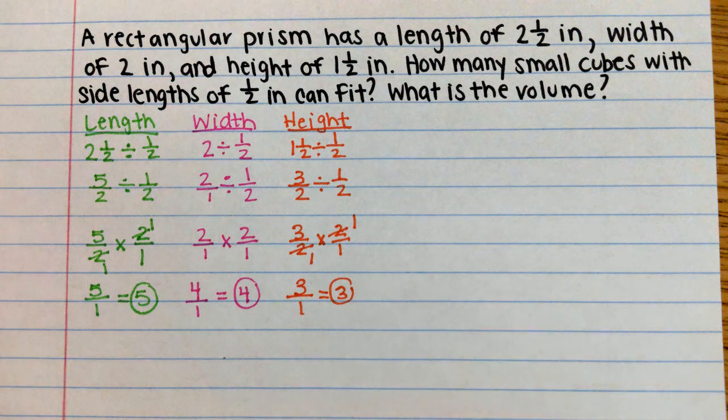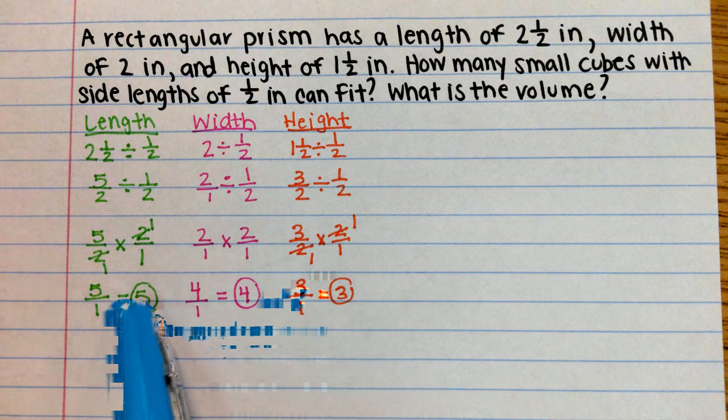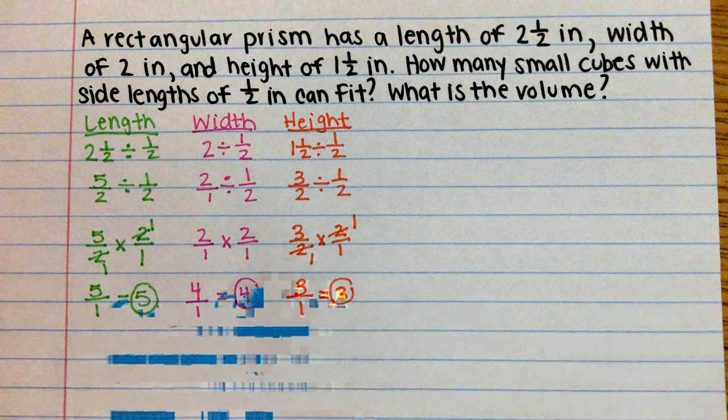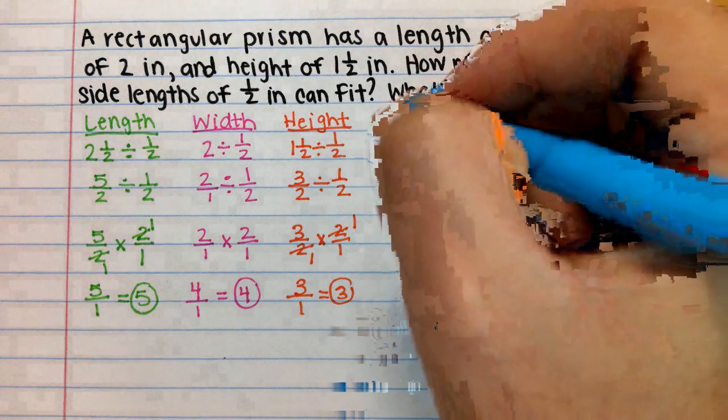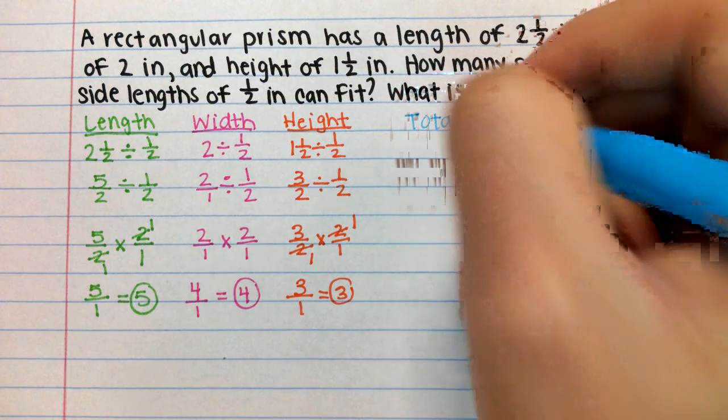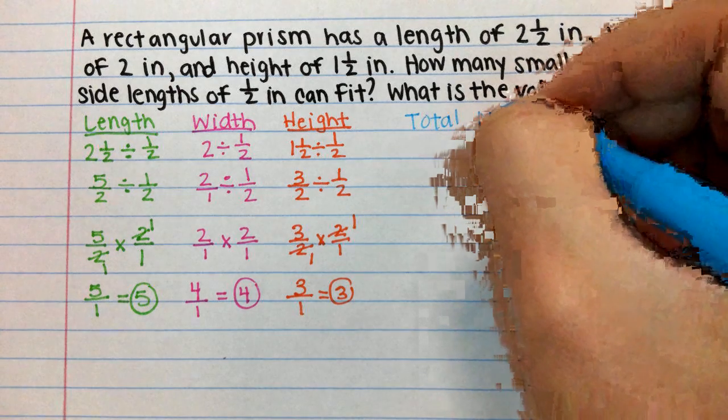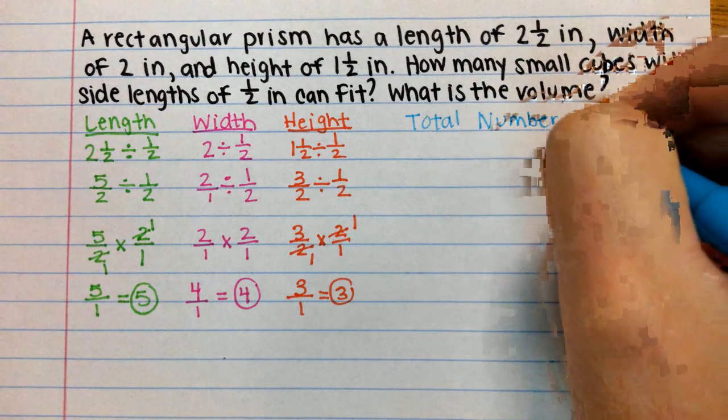Now that I have all of my sides and the number of cubes that I can fit in there, I need to multiply them. So I'm going to figure out my total number of cubes.